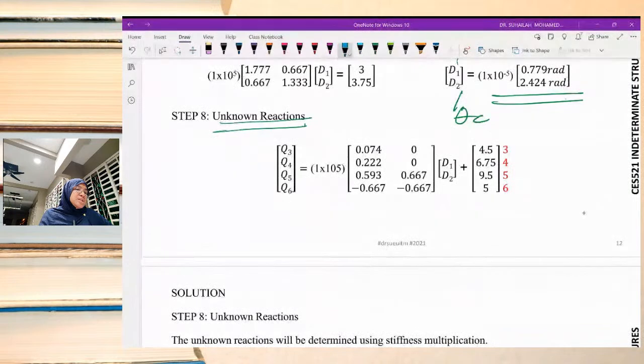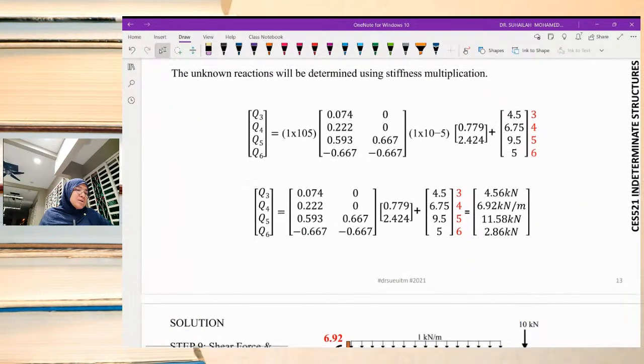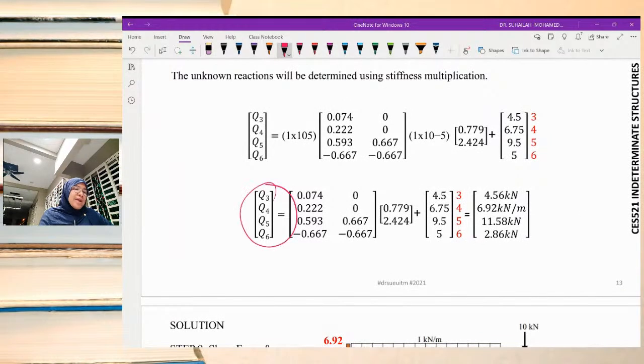So this is 10 to the power 5. This is position 1 and position 2. This is position 3, 4, 5, 6. So the Q naught for position 3, 4, 5, 6, in order to get the 4 unknown reactions Q3, Q4, Q5 and Q6.